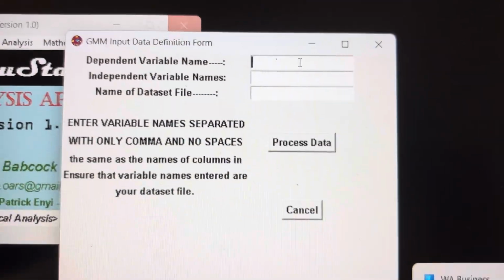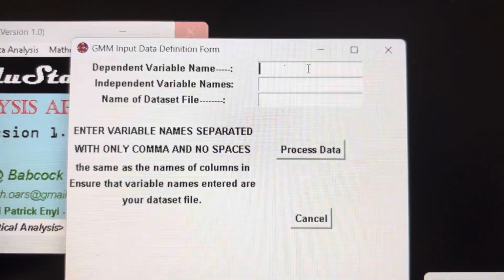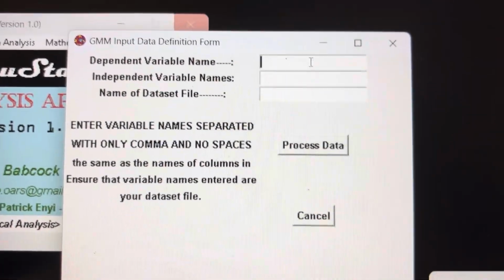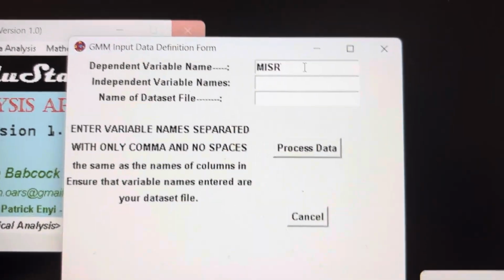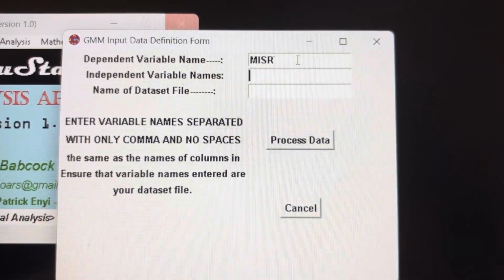Our dependent variable here is MISR. And then we now go to the other ones.